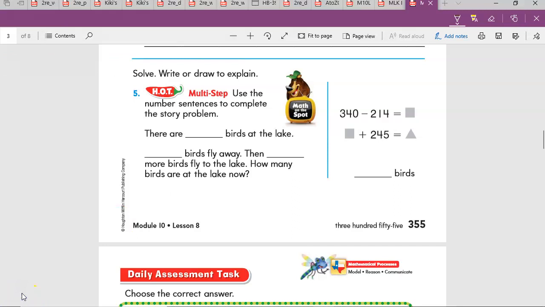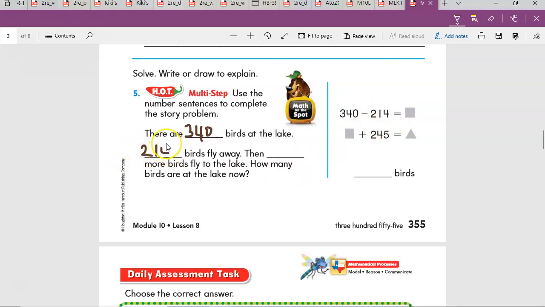So there are blank birds at the lake. How many birds do you guys think are at the lake? What's this first number? Very good. 340 birds at the lake. Blank birds fly away. If it's flying away or going away, what do you think the next number will be? 214 birds fly away.